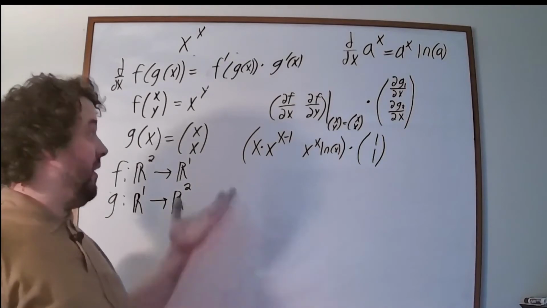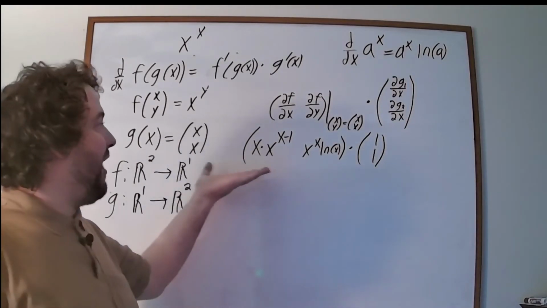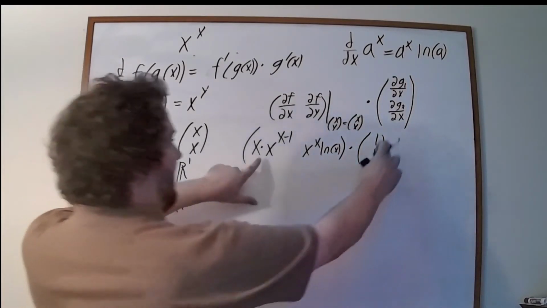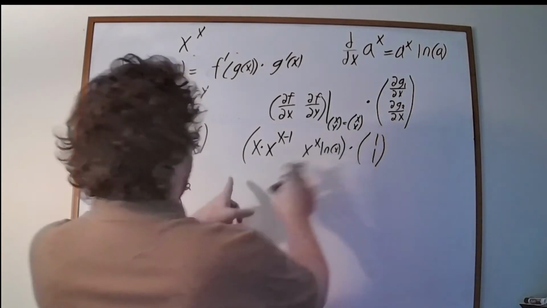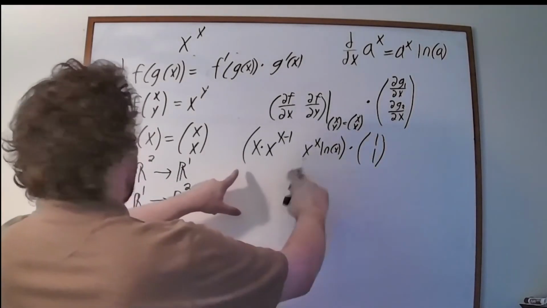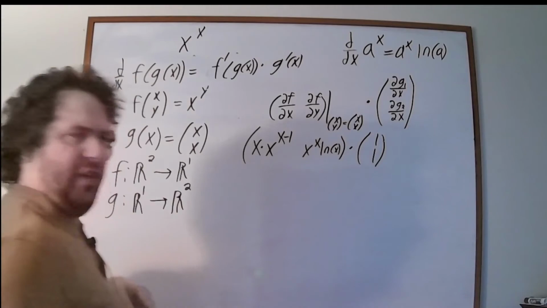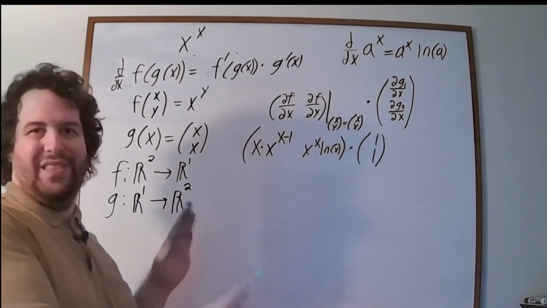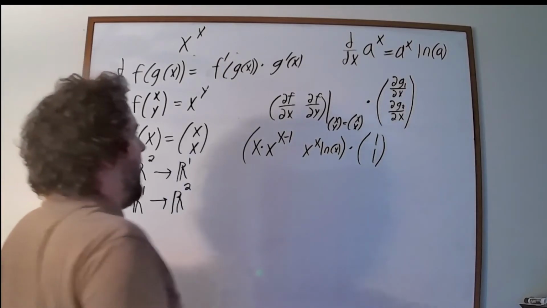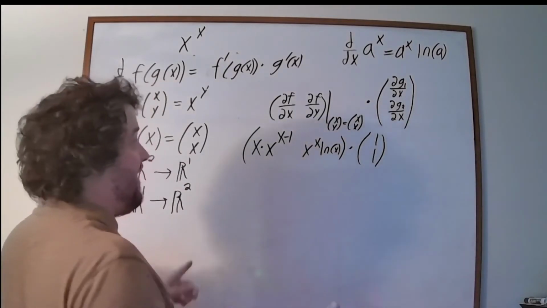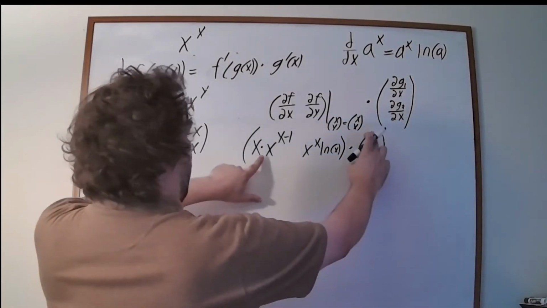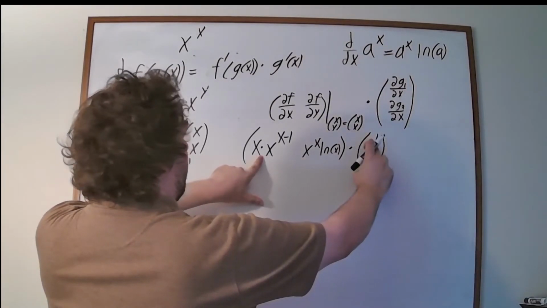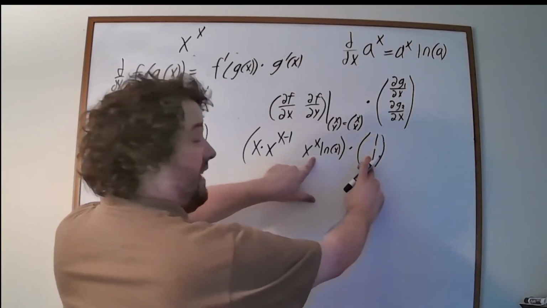And of course, what does it mean to multiply two matrices together? Well, we take these elements. So this is a 1 by 2 matrix times a 2 by 1 matrix. And so the result is going to be a 1 by 1 matrix, which is just a scalar. And the entry in that matrix is going to be the product of these two plus the product of these two.